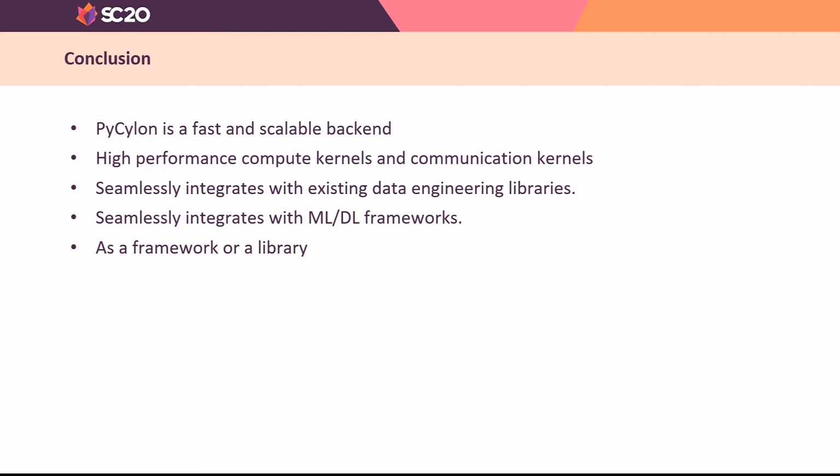Currently, we support Python and Java. And the capability of having these language bindings allows us to seamlessly integrate with existing data engineering libraries in both the Java and Python worlds. In this research, we focused on the Python ecosystem. Also, the Python bindings provide seamless integration with machine learning and deep learning frameworks.